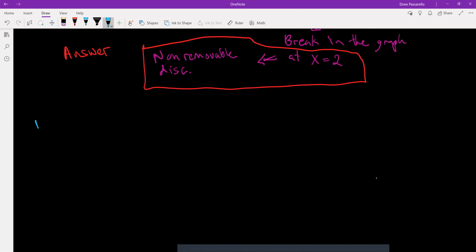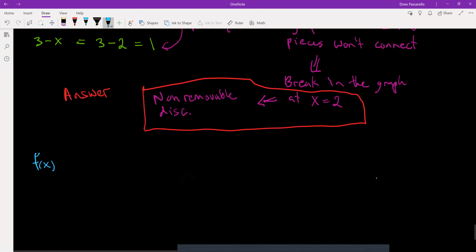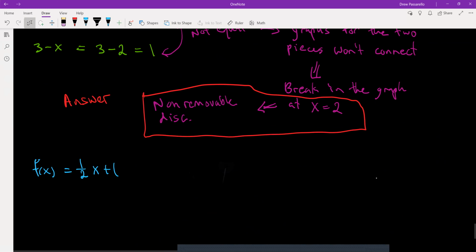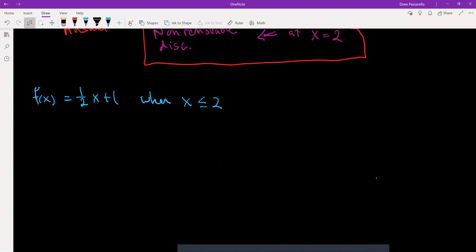So I'll handle each piece separately. So the first piece is 1/2 x plus 1, and that's when x is less than or equal to 2. So what I would do is plug in some values for x.